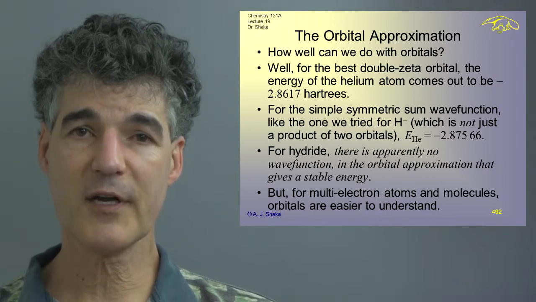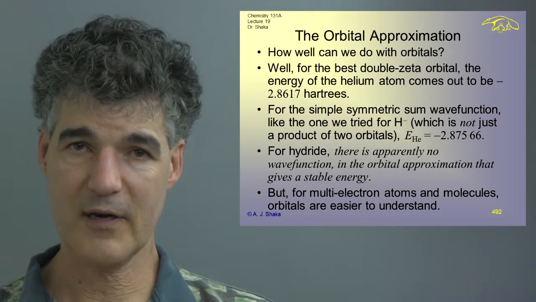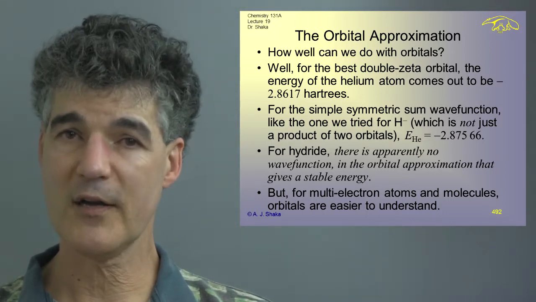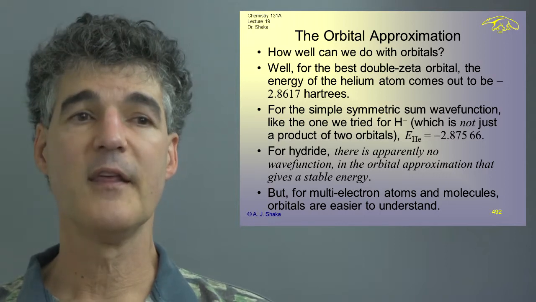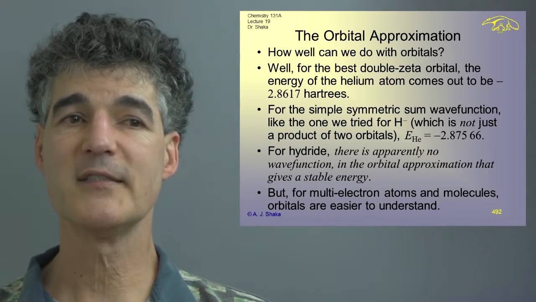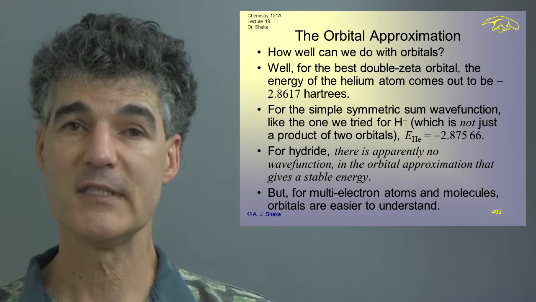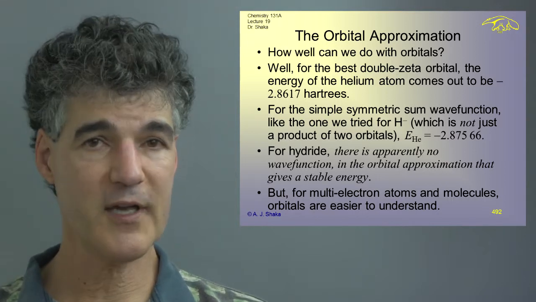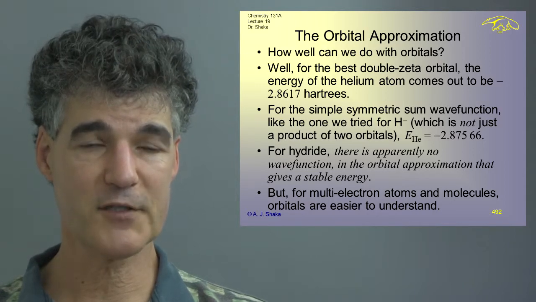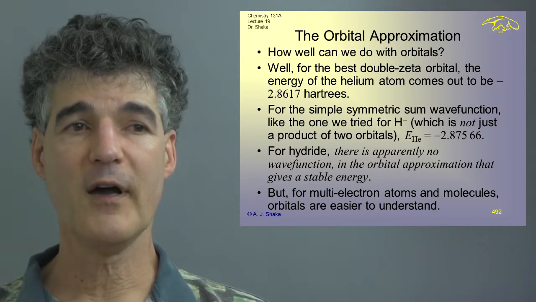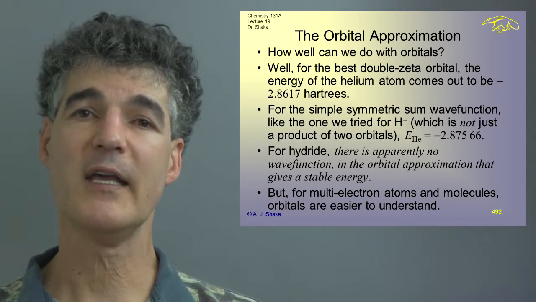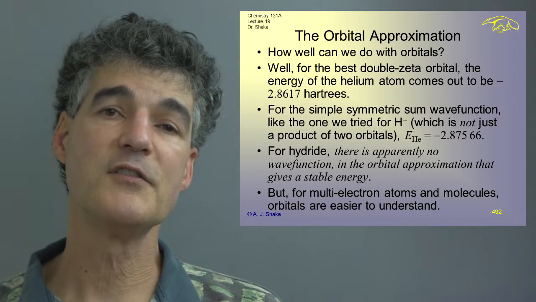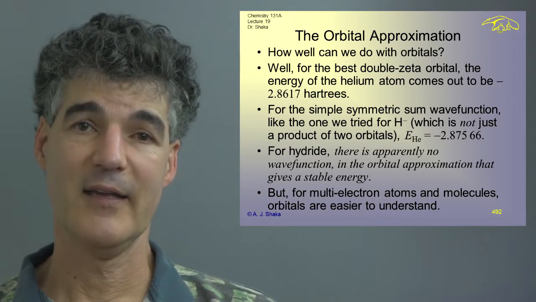For the symmetric wave function that I proposed for hydride, which is not just a product of two orbitals, the energy is minus 2.875, so that's better. But in that one, we don't have orbitals anymore. We just have this symmetrical wave function. For hydride, apparently, based on the orbital approximation, hydride just isn't stable, ever.